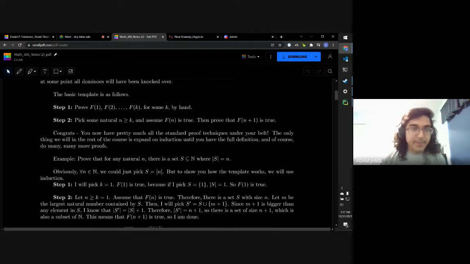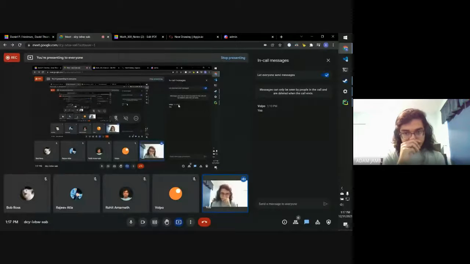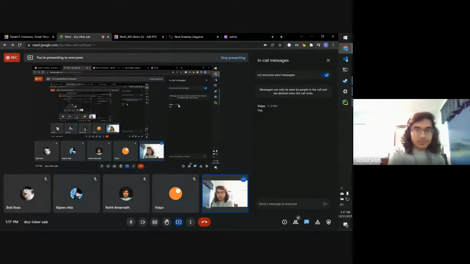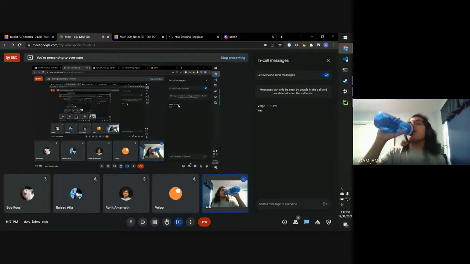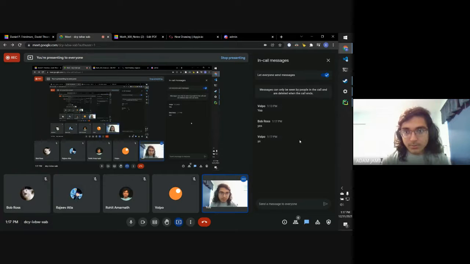So as a result, I've made a subset of the natural numbers that has n plus 1 elements, which means f of n plus 1 is true. So I've given you a way to construct directly a set with n plus 1 elements given a set with n elements. So does that make sense what I did there? Cool.